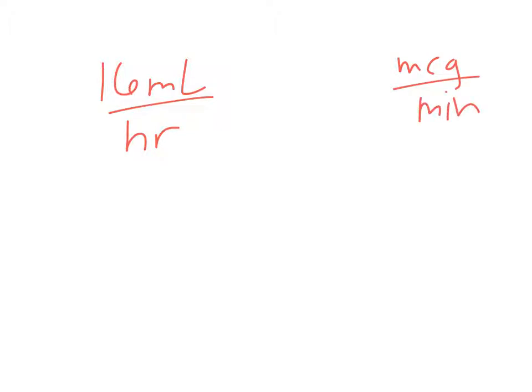So again, to get it from hours to minutes, now we're doing the reverse, and we're actually going to divide by 60 to figure out what that would be per minute, and then we are going to use a dosage calculation, but in a reverse sense here. Let's see if I can figure out how to do that. Okay, so based on how that comes, if it's 16 milliliters per hour and it's packaged at 100 milligrams and 40 milliliters, let me think here.